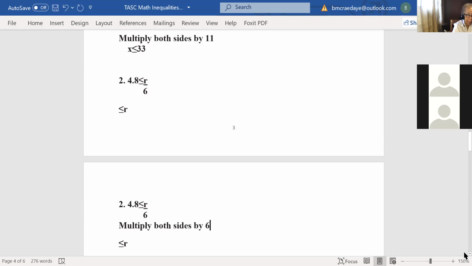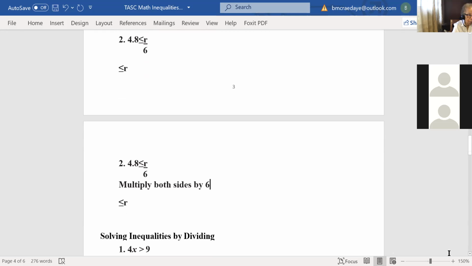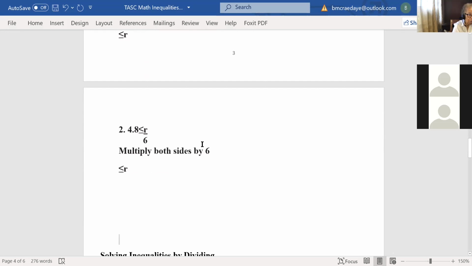Maureen, you have your calculator? 4.8 multiplied by 6 is 28.8. So you got 28.8 less than or equal to R. And if you take 28.8 divided by 6, you get 4.8, which is less than or equal because it's equal.